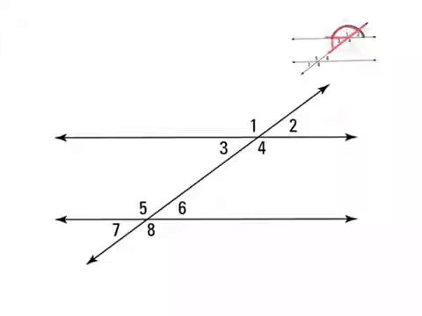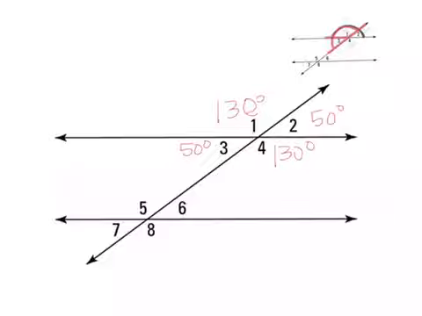So thus far we've talked about the relationships that happen when we have the two lines intersecting. We have vertical angles, such as 2 and 3, which are both 50 degrees. And then we have the other vertical angles, 1 and 4, which are 130 degrees.